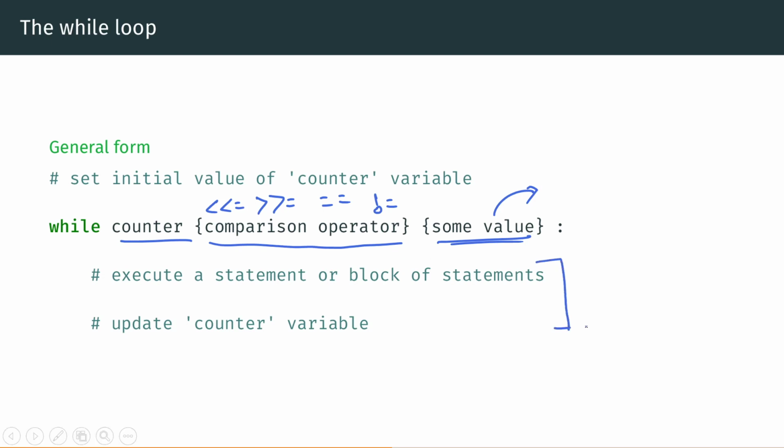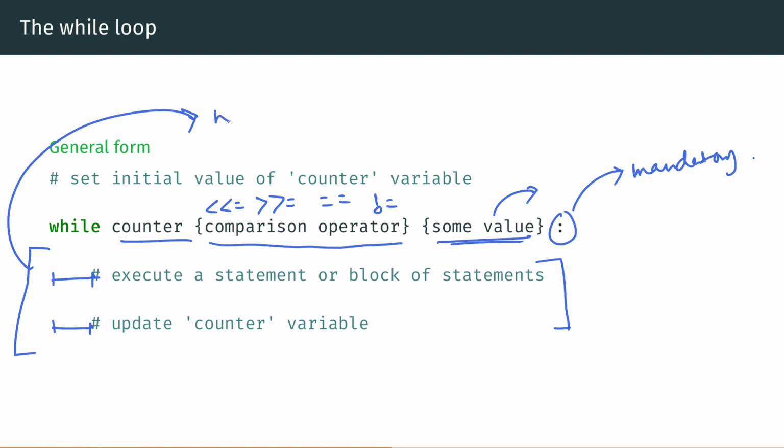Just note that this colon is, again, just like if statements, mandatory. Also, there is a tab, and this is mandatory as well. So anything after the while that is tabbed would be executed in the while block. This part is called a while block.